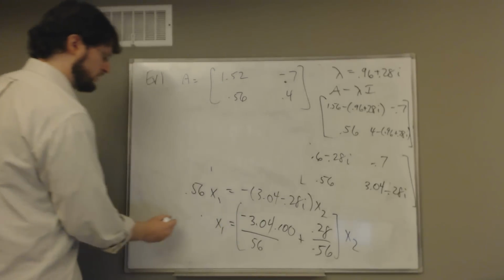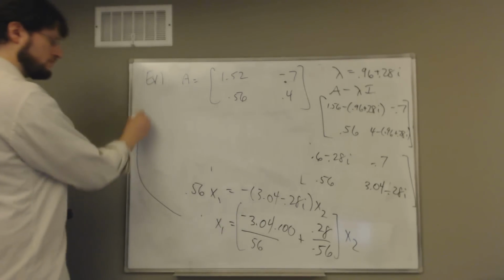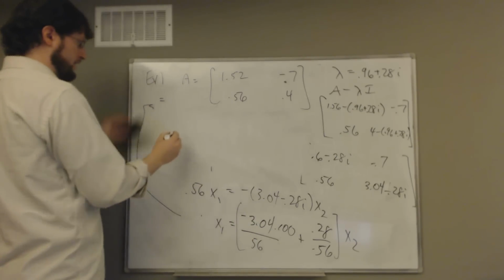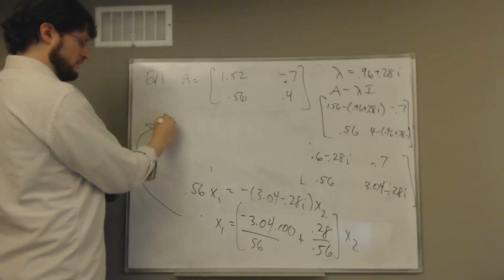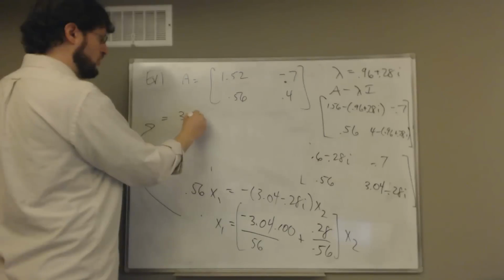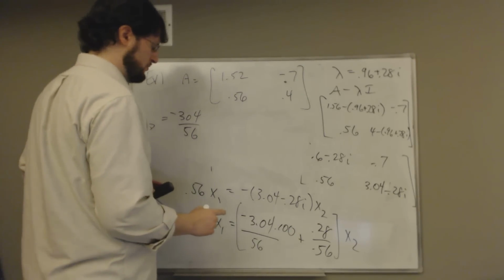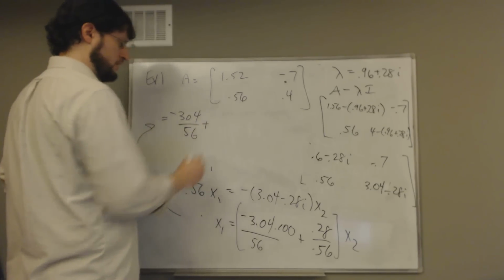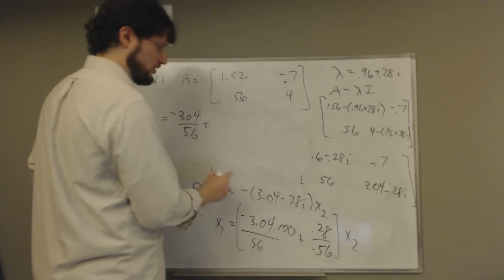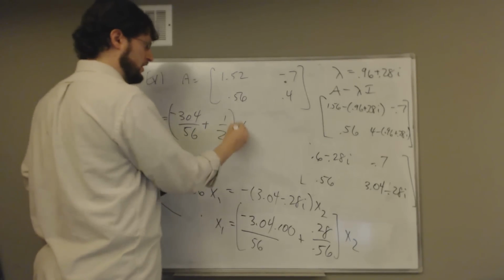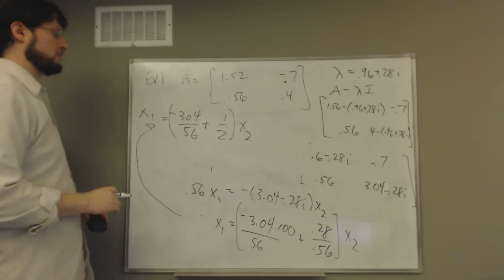If I multiply by 100, I get negative 304 over 56, plus 0.28 divided by 0.56, which is 1/2, all times x2. So I have x1 equal to this.